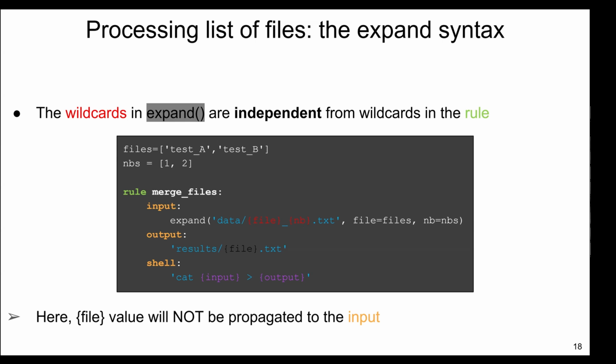I was just wondering, with the rule all, because I don't want to expand for every rule I have, right? What if I want to just take in files at the top and then it knows every time that they're all expanded? Is that with the rule all? Yes, the idea is to have one expand in the rule all.